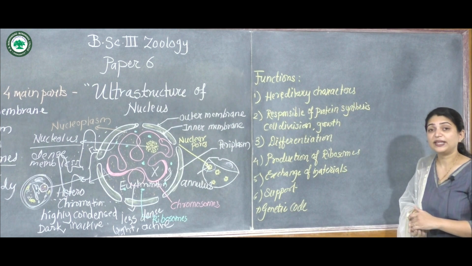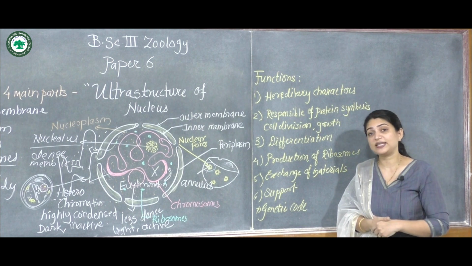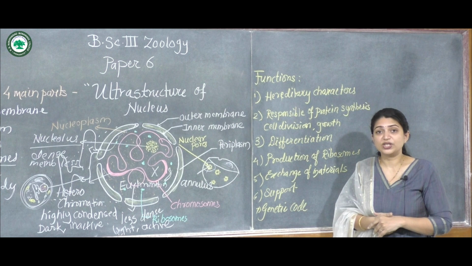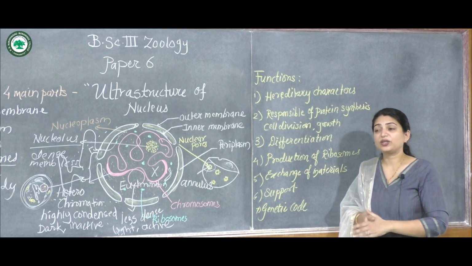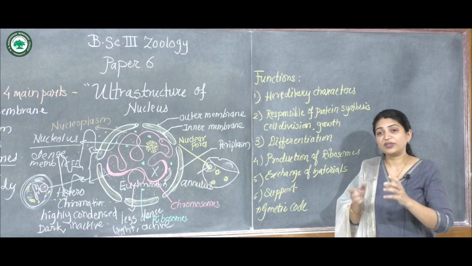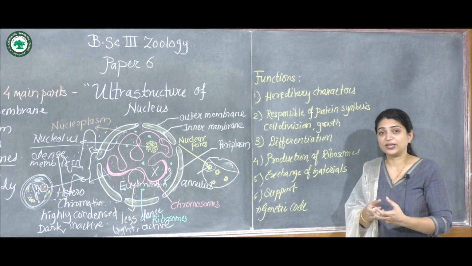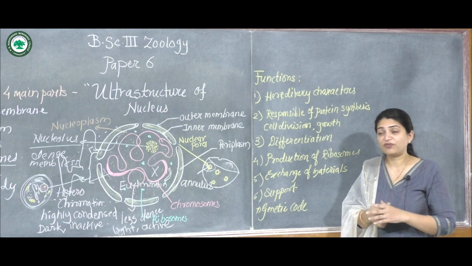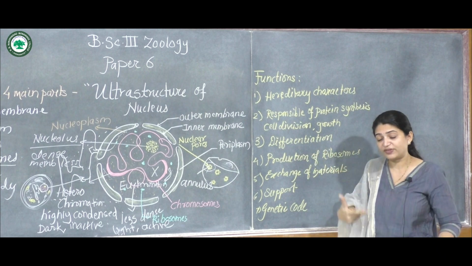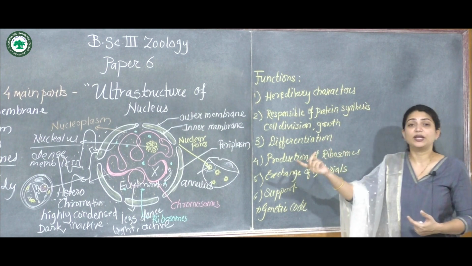Then it helps in embryonic development. It helps to differentiate cells by giving each cell a nuclear origin. Whenever they get that chromosome, then the further part of giving their identity, or their cellular differentiation, that is, which part has to be formed. So that differentiation in embryonic development to form different parts in the body is due to the nucleus.